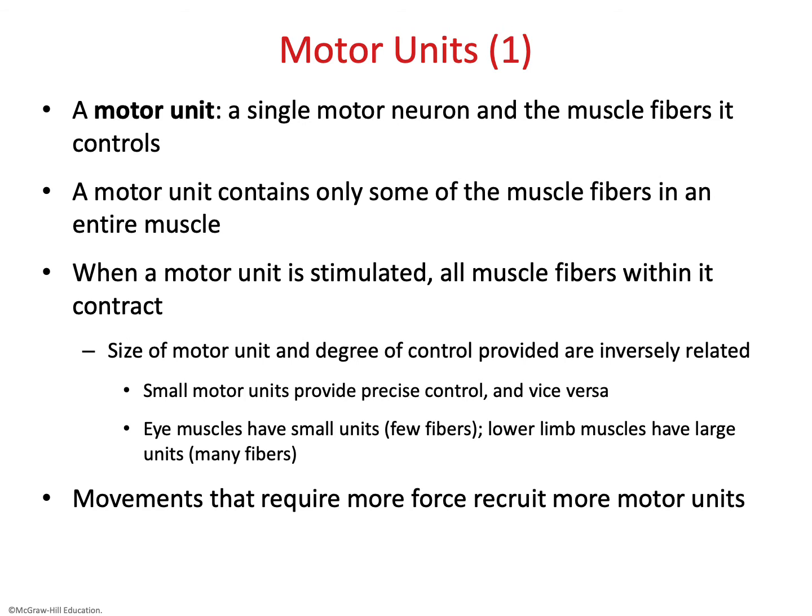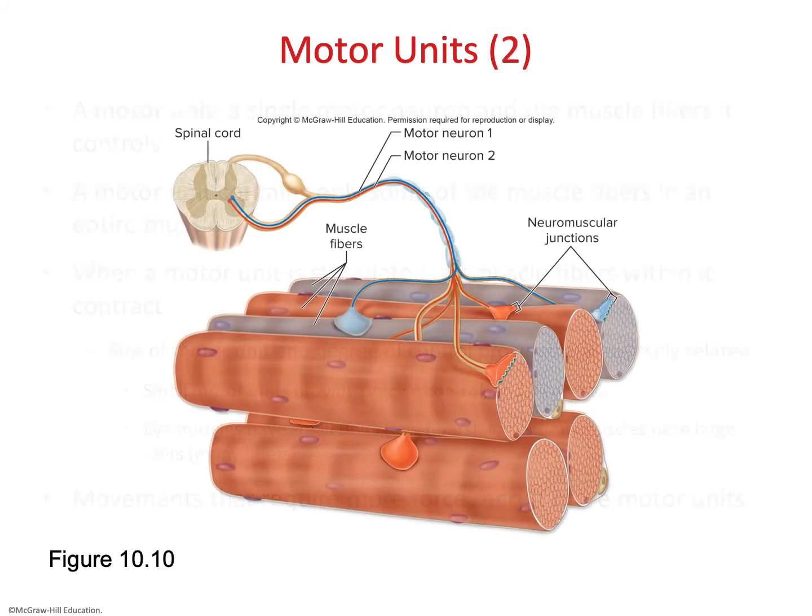What that means is that small motor units provide precise control, such as in your eye muscles, and lower limb muscles have large motor units with many fibers because they require more force, recruiting from more motor units. So this is a look at a motor unit and one neuron controlling specific muscle fibers.